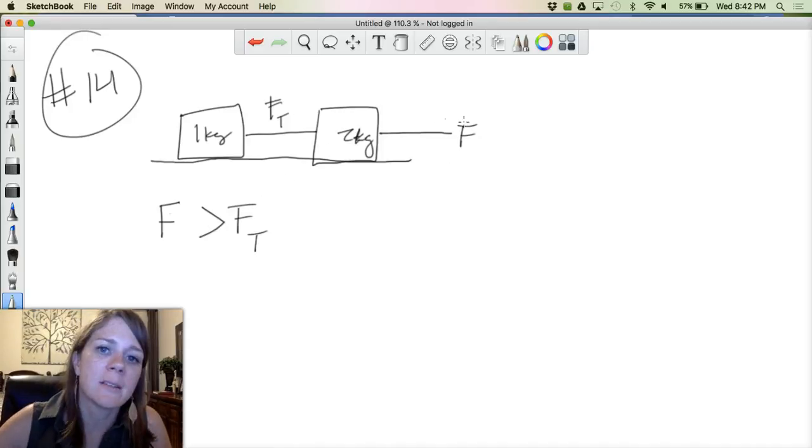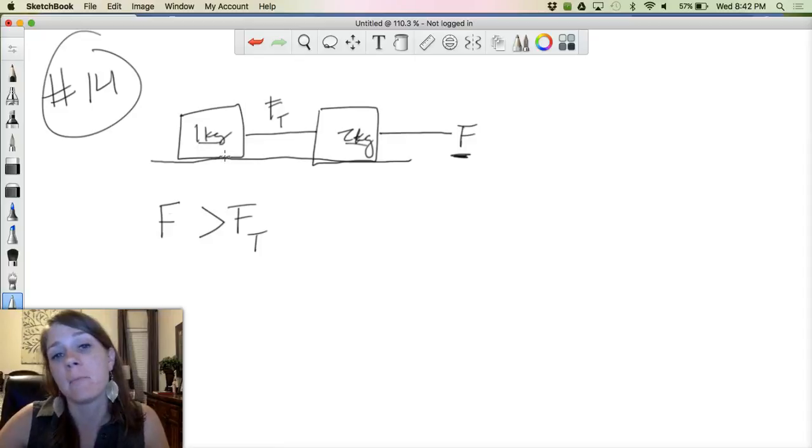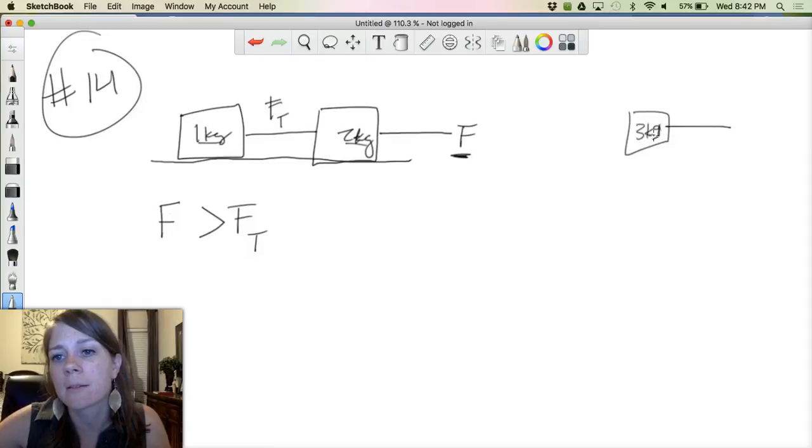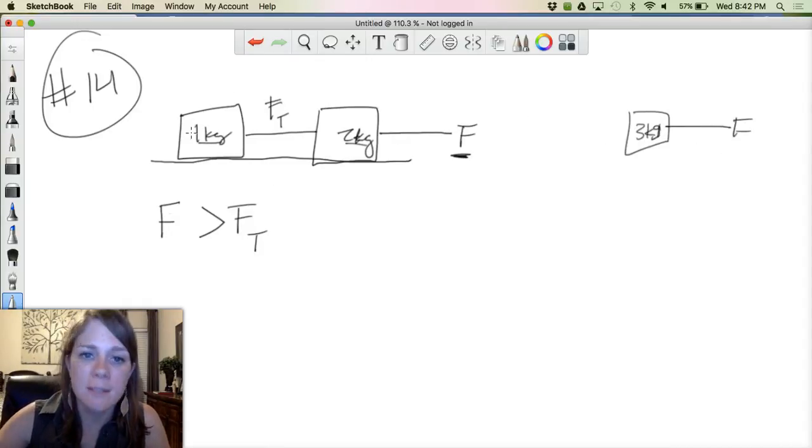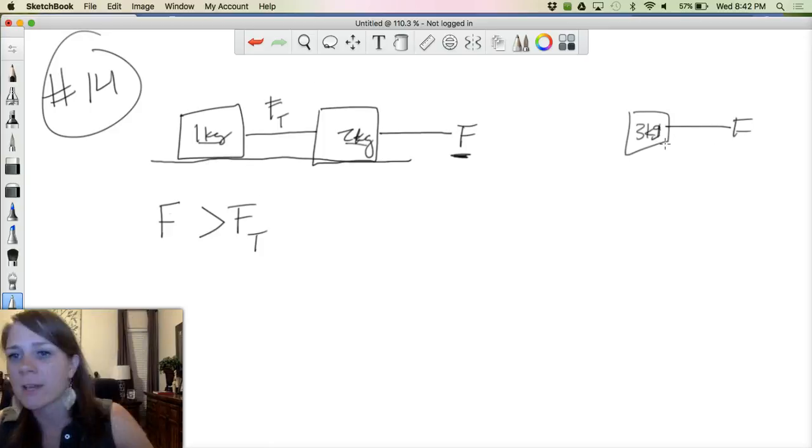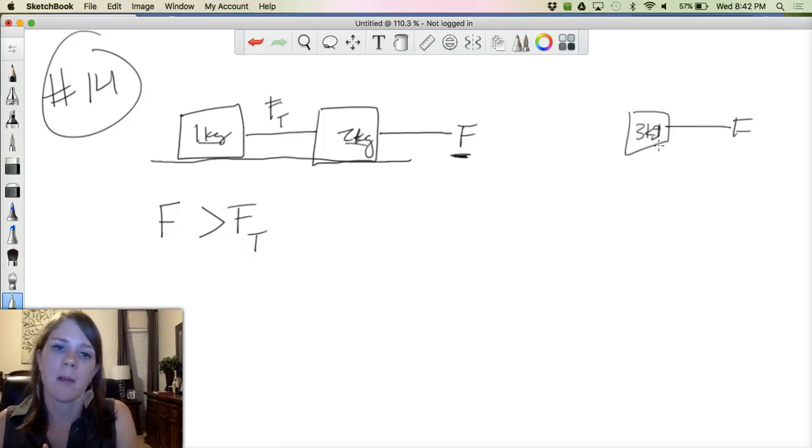Why? Because this force has to pull the 2 kilogram and the 1 kilogram. I could think of those two as a system, as one box, and that force has to pull 3 kilograms.